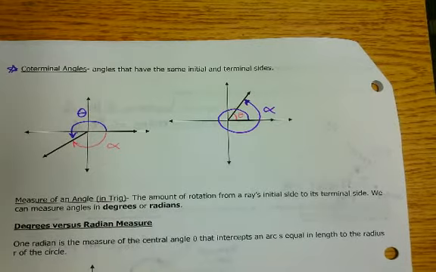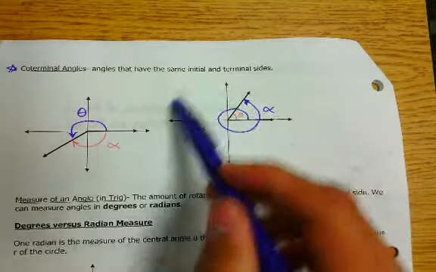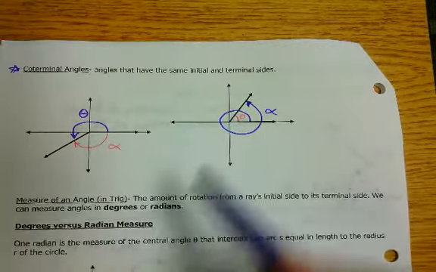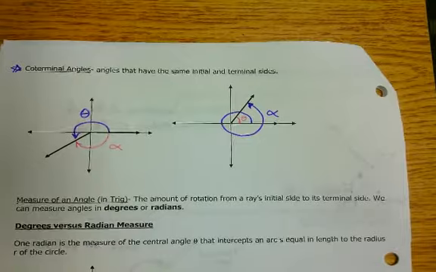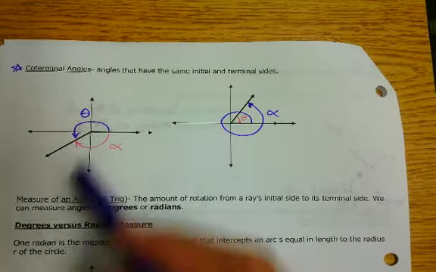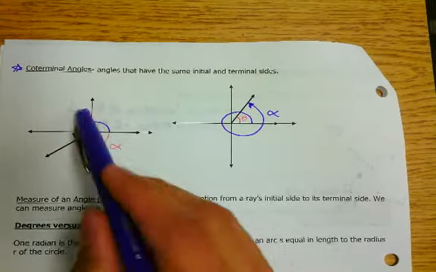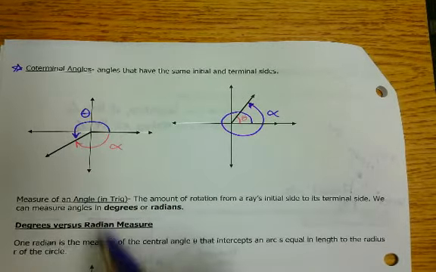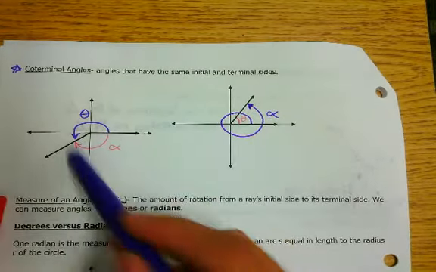They're sharing the same initial side and the same terminal side. So there's two ways of finding coterminal angles. Doing a full revolution or going in the total opposite direction. Okay? Here's my question. If you were to add up these two angles, what would they add up to? 360 technically, but one of them is negative, right? So kind of keep that in mind.